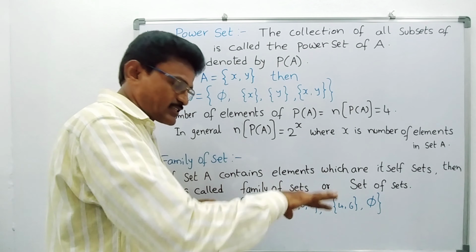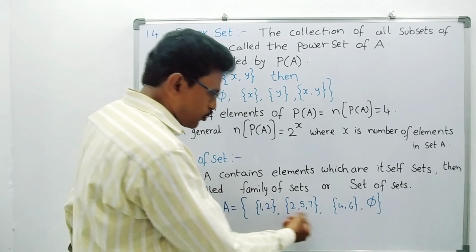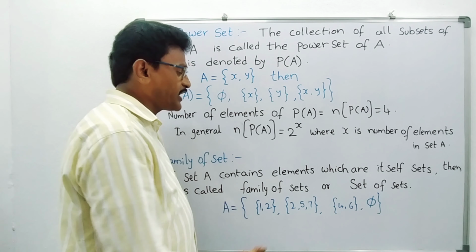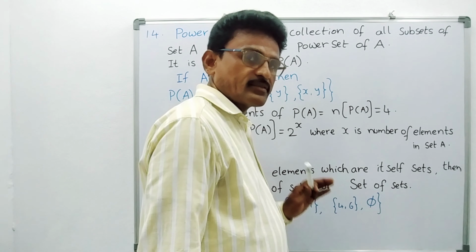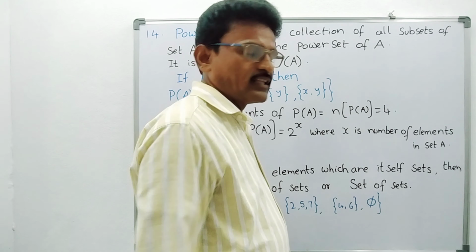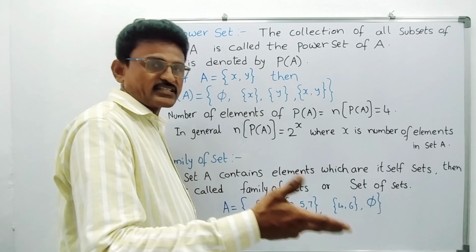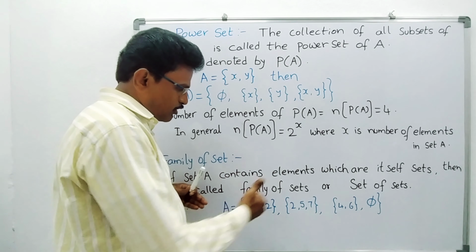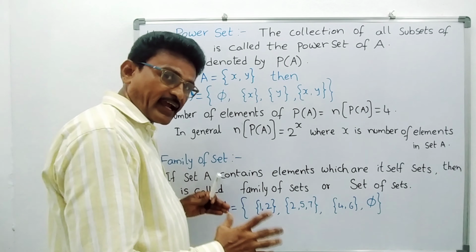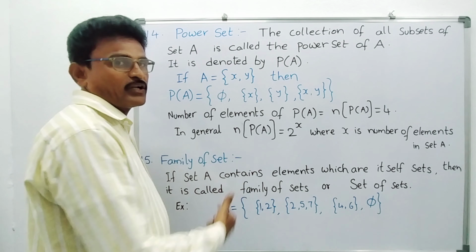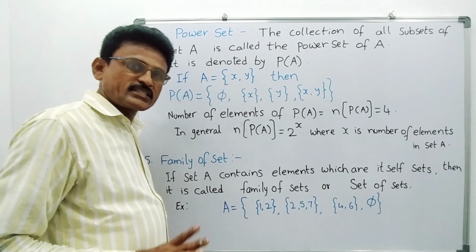These elements are again sets. {1, 2}, this one is one set having elements 1 and 2. {2, 5, 7}, it is also a separate set having the elements 2, 5, 7. {4, 6}, it is one set, 4 and 6 elements. Now pi, it is the null set. Actually these are 4 different sets. Now we are enclosing this in braces. Means we are mentioning these 4 sets again in one big set. That is our family of sets, or set of sets. Like that, different types of sets are there.